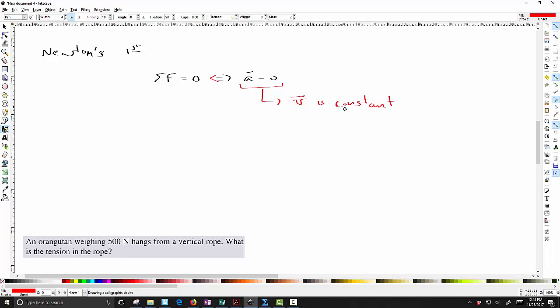The velocity could be zero, or it could be not equal to zero. So it could be either static or in motion. Static is at rest. Motion would be called dynamic. And both of these are equilibrium.